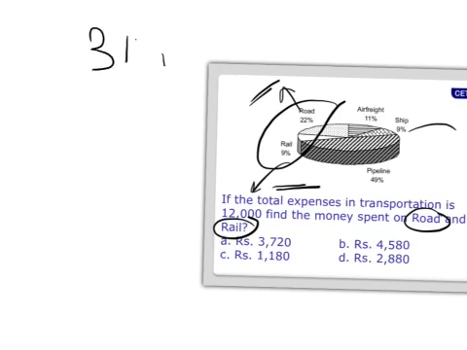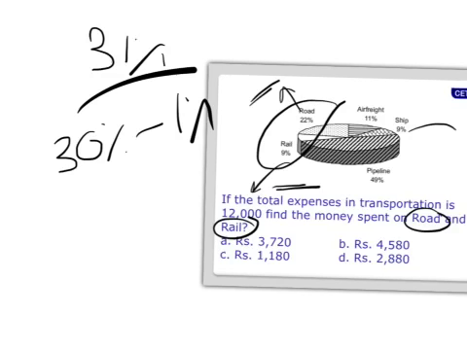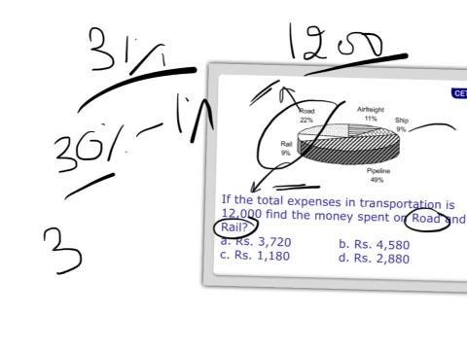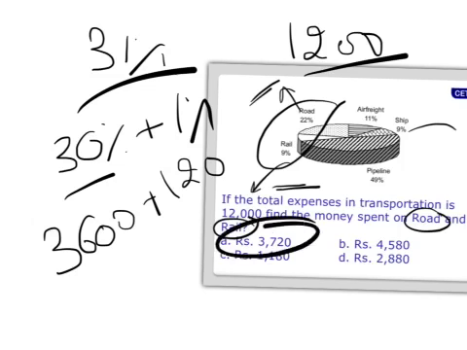I want to find out the 31%. So I can make it 30% plus 1%. Again, 10% is 1200, 30% is 3 into 12, 36, 3600, plus 1%, 120. Sorry, 31 is 30 plus 1. So 3600 plus 120, 3720.